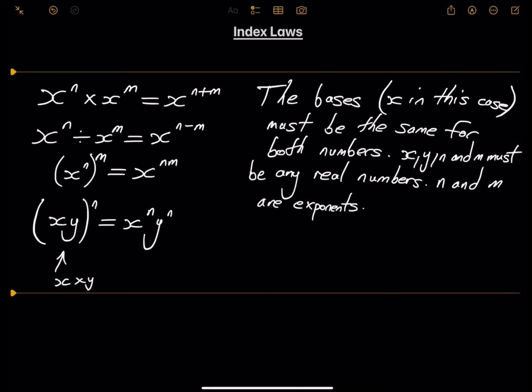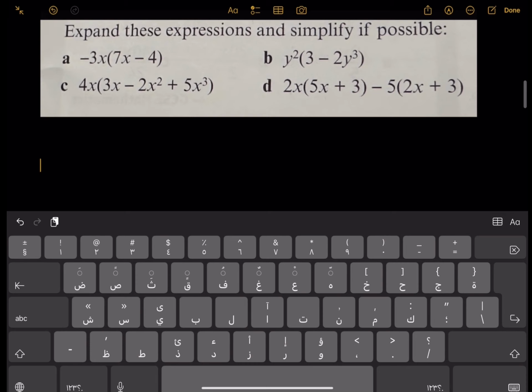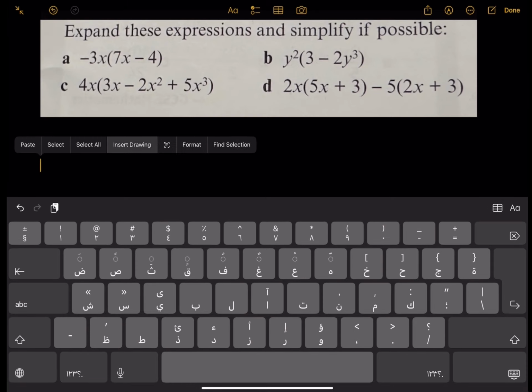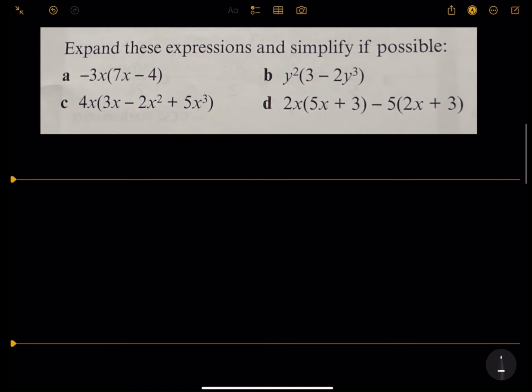Okay, now let's look at some examples. Let's start off with part A. This is the expression we have. This is a typical example of expanding the brackets.